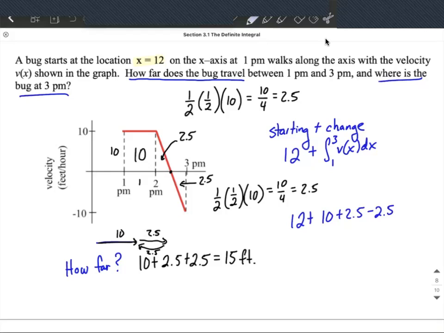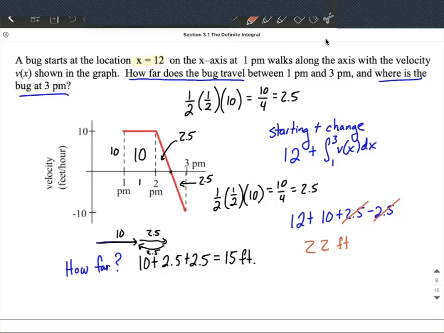This takes into account the fact that he turned around and he's closer to home than where he would have ended up. In this case, positive 2.5 and negative 2.5 can go away, and it works out to be 12 plus 10 makes 22. And I guess it would be 22 feet from 0. If we're thinking about walking along the x-axis, it would be an x value of 22.